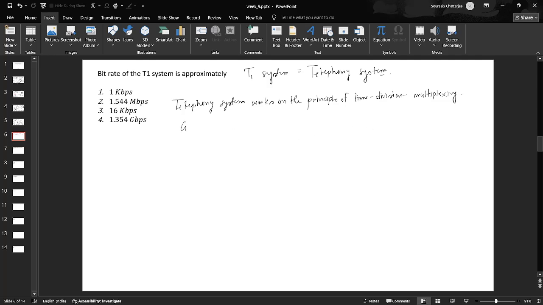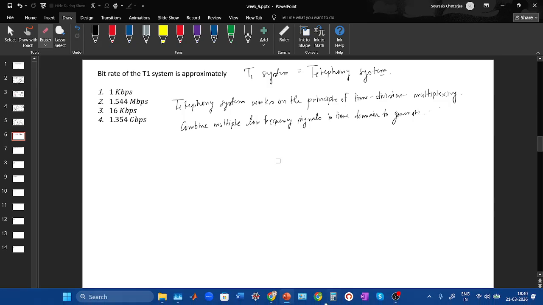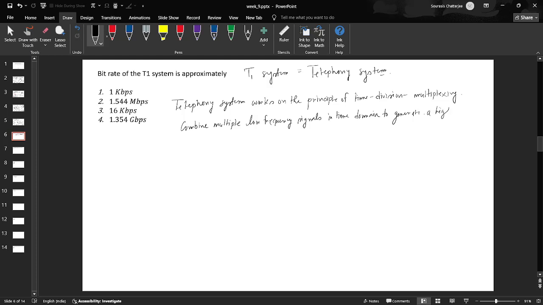So basically the goal here is to combine multiple low frequency signals in the time domain to generate a high frequency composite signal.